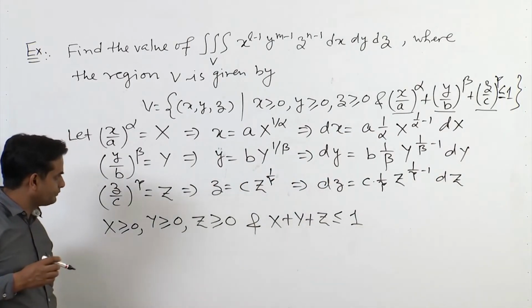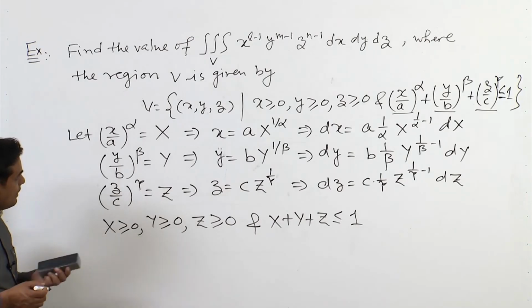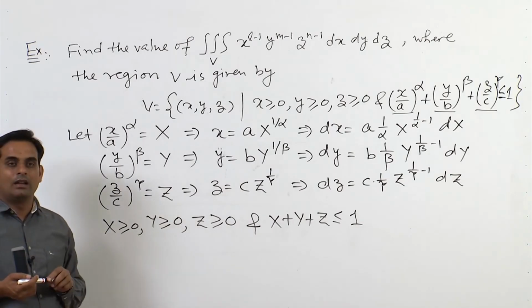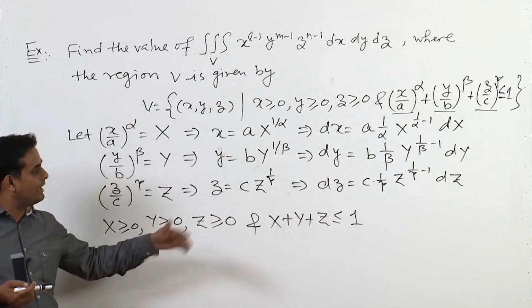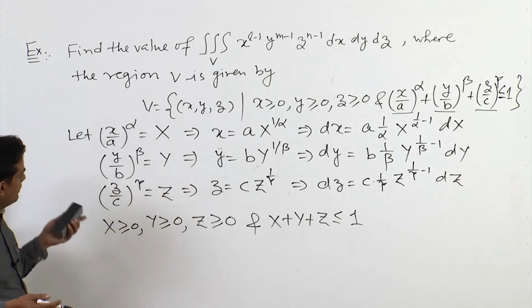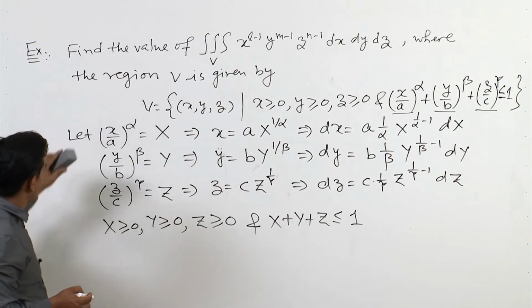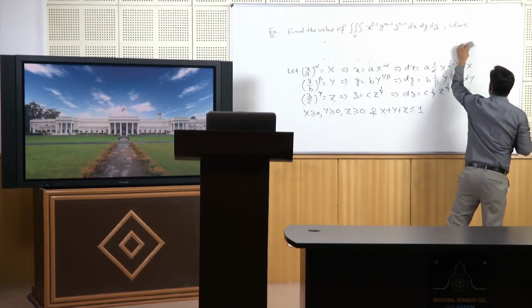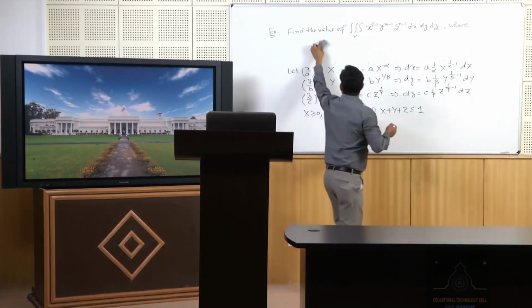Now, the region is similar to the Dirichlet integral, only thing I need to do is make the substitution. So, once I make this substitution, we will see what formula we get.